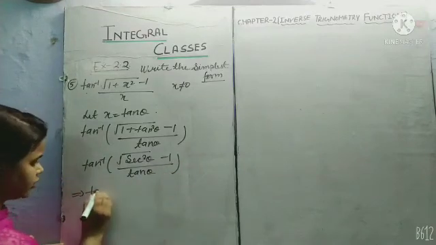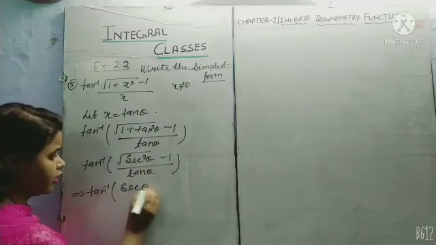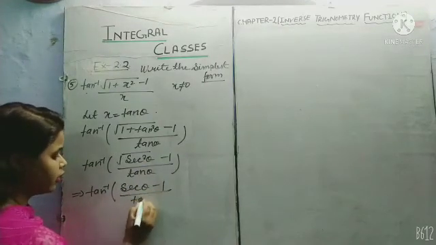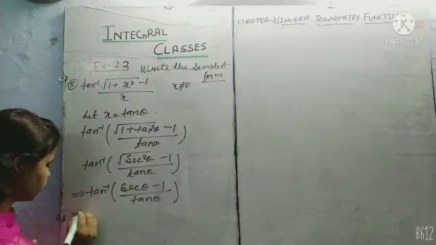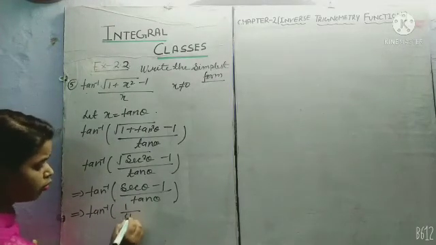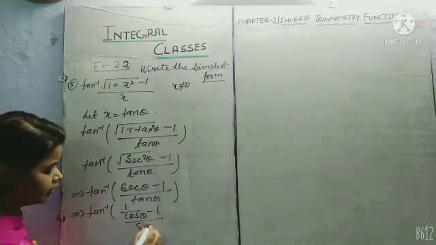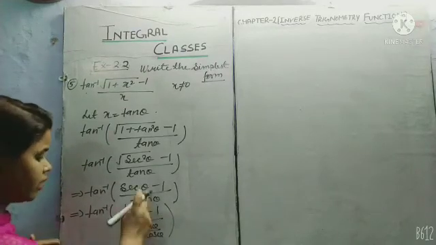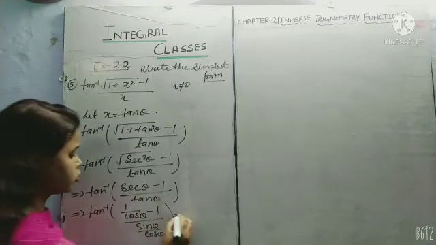Again student, tan inverse as it is, and the root of sec square will become sec theta minus 1 upon tan theta. Now if we change sec theta into cos theta, it will become 1 upon cos theta minus 1, and sin theta upon cos theta. In this term we have changed tan theta to sin theta upon cos theta and sec theta to 1 upon cos theta.